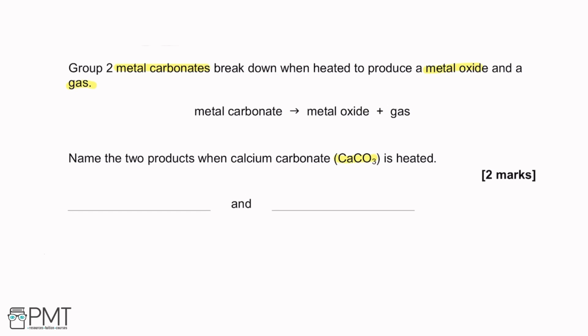So we are told our metal carbonate is calcium carbonate. So we need to figure out what the metal oxide is going to be and what the gas is going to be. So let's start with the metal oxide, that's probably easiest.